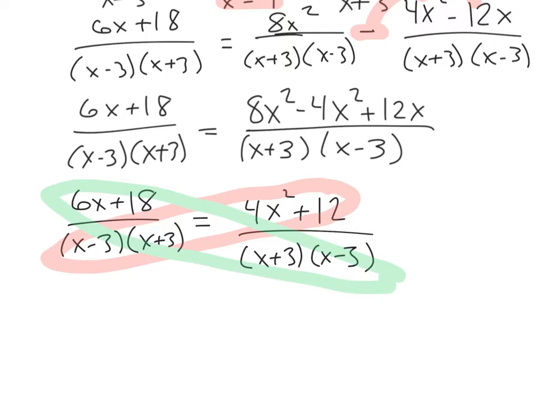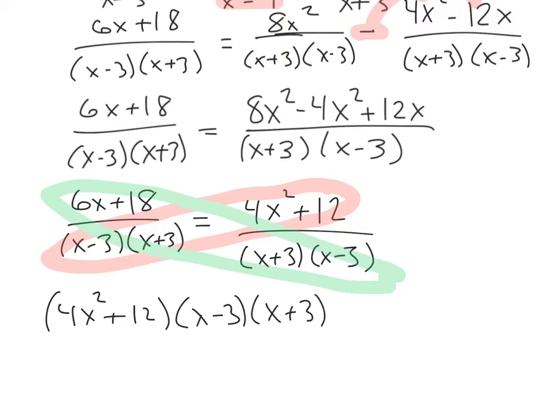So let's go ahead and do it. I've got myself a 4x squared plus 12x times x minus 3, x plus 3 is equal to 6x plus 18 times x plus 3, x minus 3.